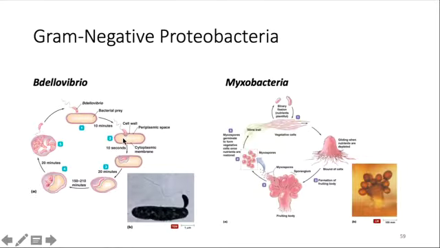Once it enters the cell by digesting away portions of the cell wall and the periplasmic space, it gets in there and starts multiplying, and then eventually it's able to consume the entire organism and produce more offspring, lyse the cell, and continue with the whole cycle.